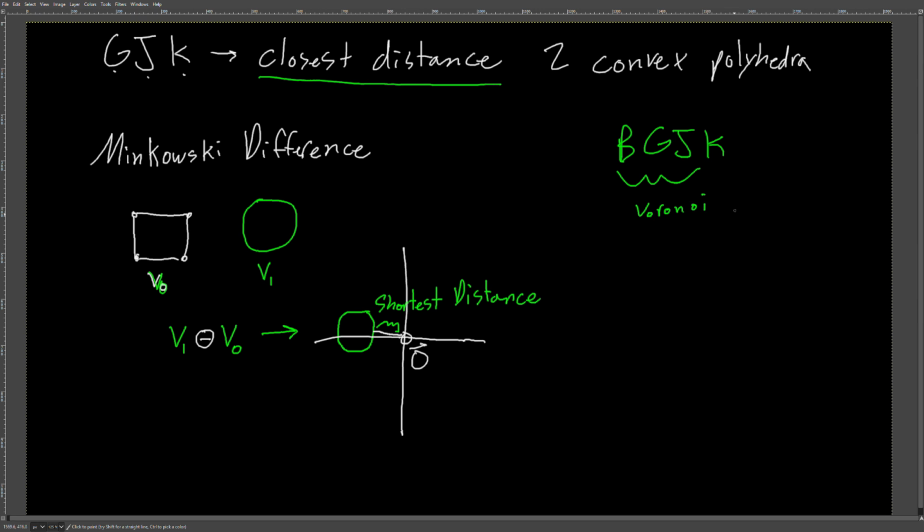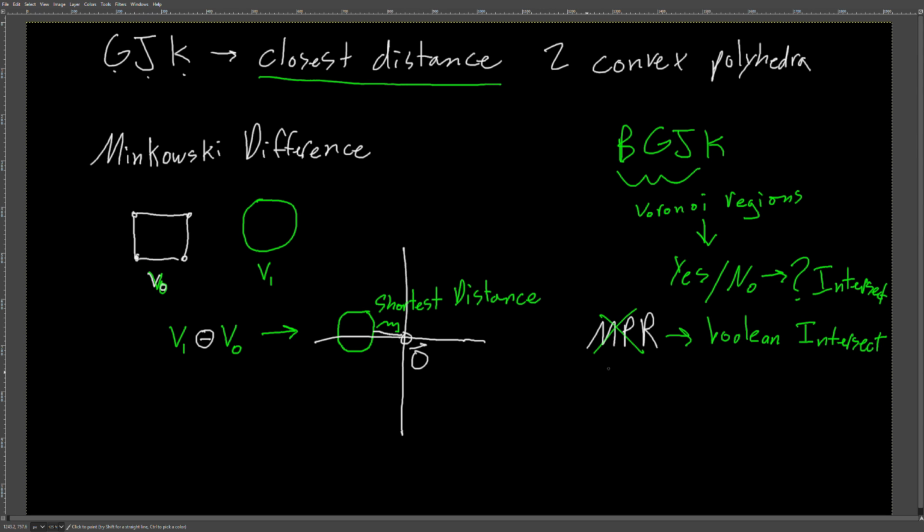In the case of a collision, what the Boolean GJK algorithm does is it exploits just searching in Voronoi regions to be a little bit faster, and all it's looking for is whether or not the zero vector at the origin of our configuration space is contained within our new shape formed from the Minkowski difference.